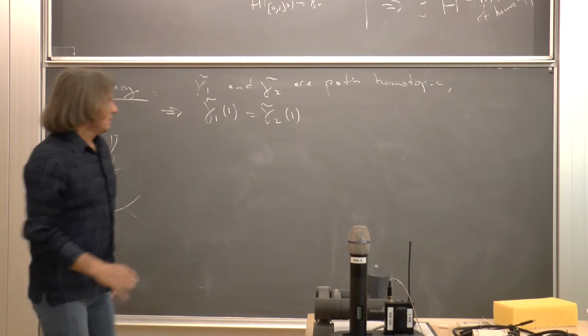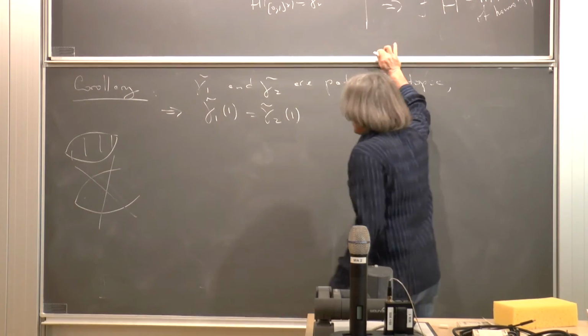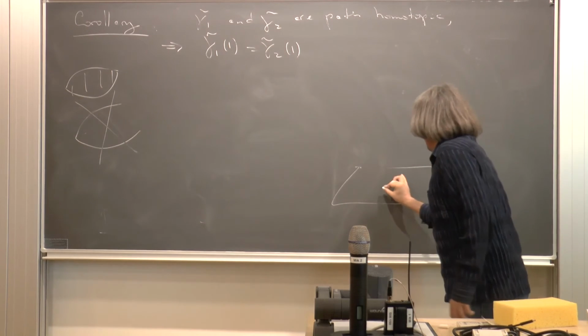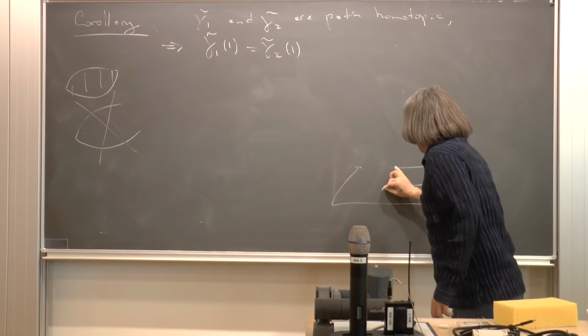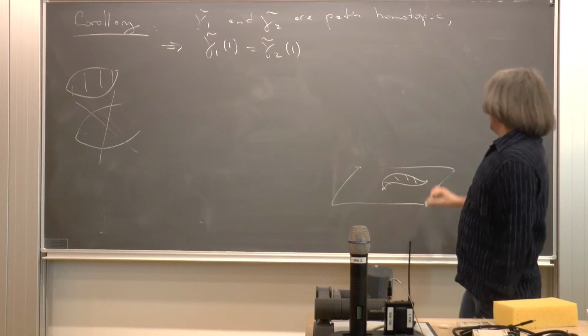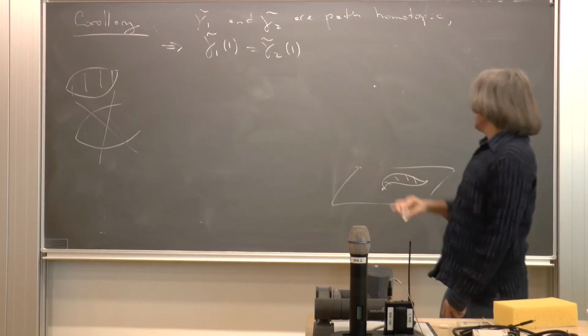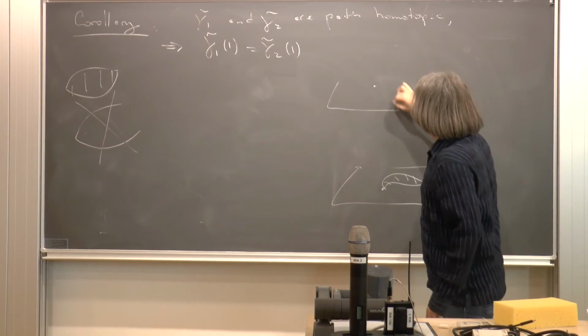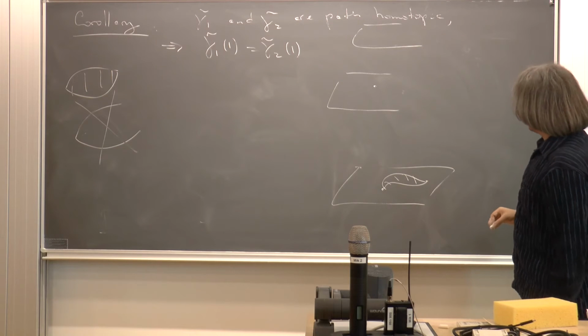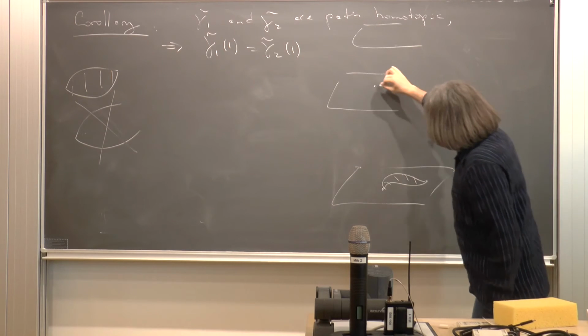So in a way, it's a very strong statement. We have this X, and we have a path here, and another path, and they were homotopic. And then there was a point where we wanted to start in Y. So Y had locally many components, globally maybe not.